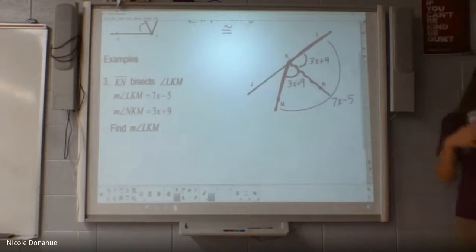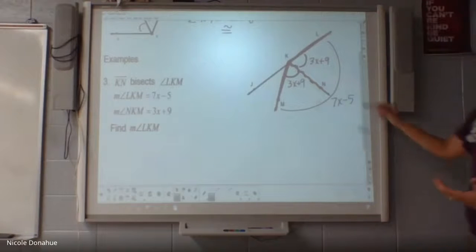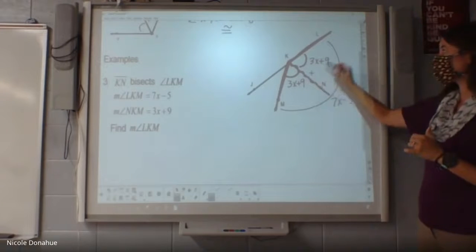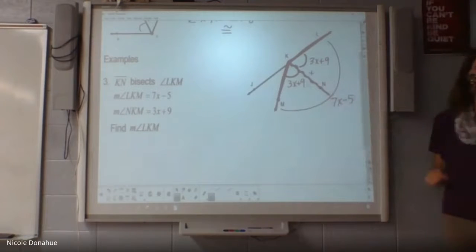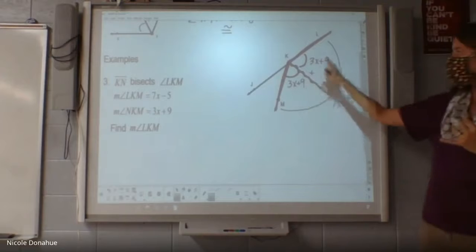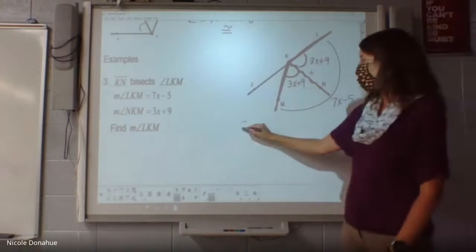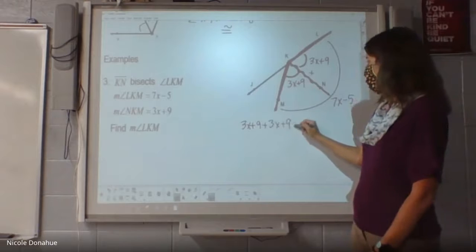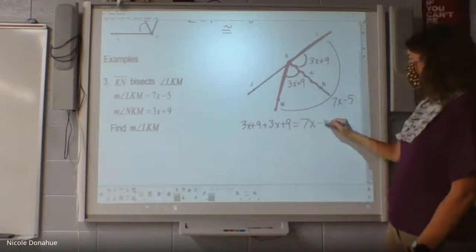So those two added together should add up to the big one. Those two smaller angles, we know they're the same because they're bisected. So I can write 3x plus 9 and 3x plus 9, or like Lena said, just double it, equals 7x minus 5.